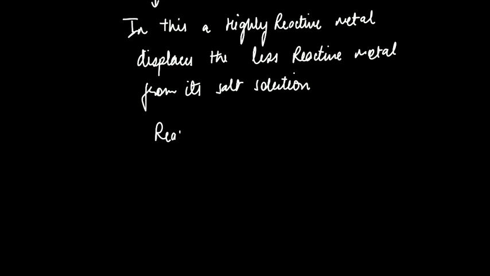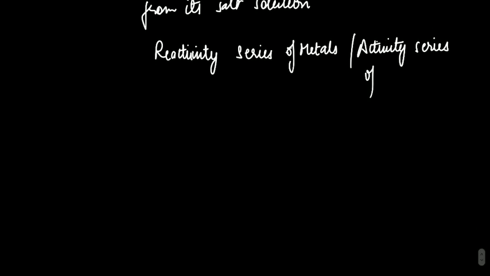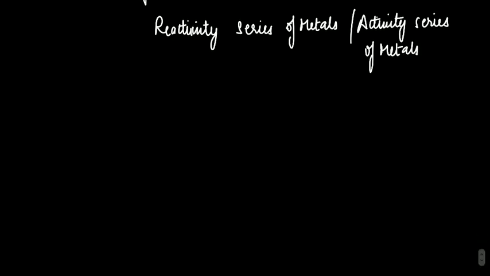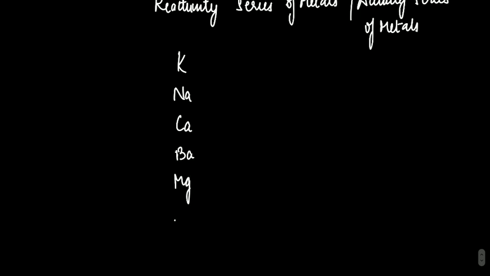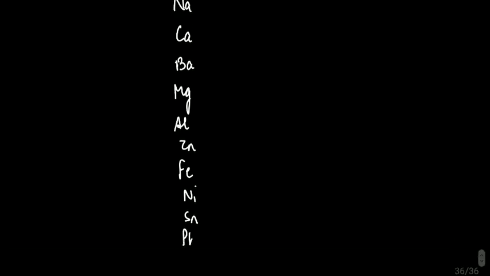For that, we have to understand a little bit about the reactivity series of metals. We even call it the activity series of metals. It starts from the most reactive metal, potassium, then sodium, calcium, barium, magnesium, aluminium, zinc, iron, nickel, tin, lead.